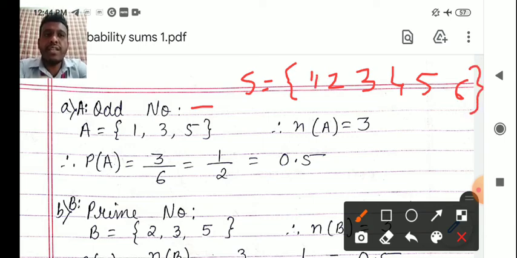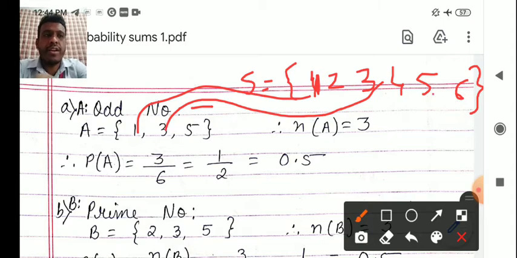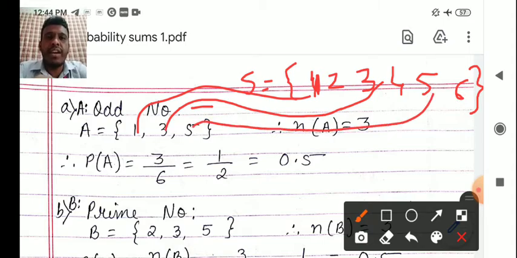Out of these, this is 1. So how many are odd numbers? 1, 3 and 5. So these three things will come here. A equal to {1, 3, 5}. So what is n of A equal to? It is equal to 3.